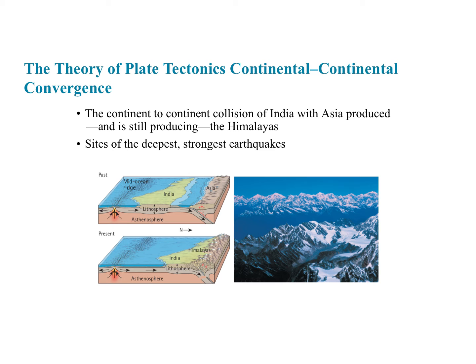Now, when we're looking at the continent-to-continent collision type of convergence, an example of this was with India and Asia, and that produced and is still producing the Himalaya mountain range. And so the Himalayas are caused by this kind of convergence.